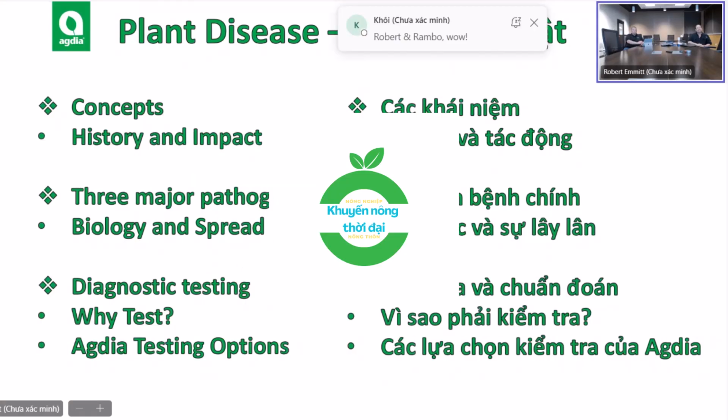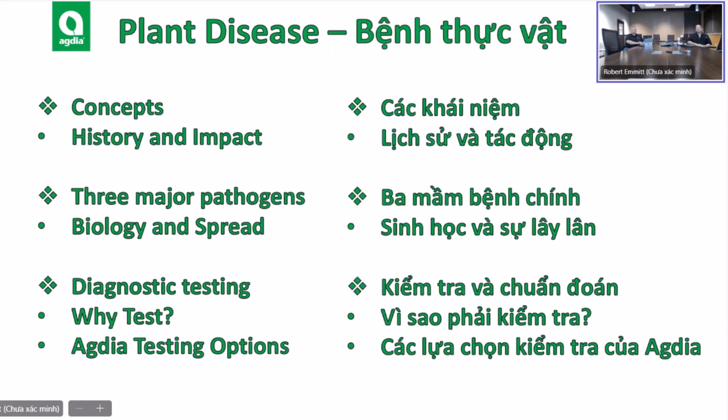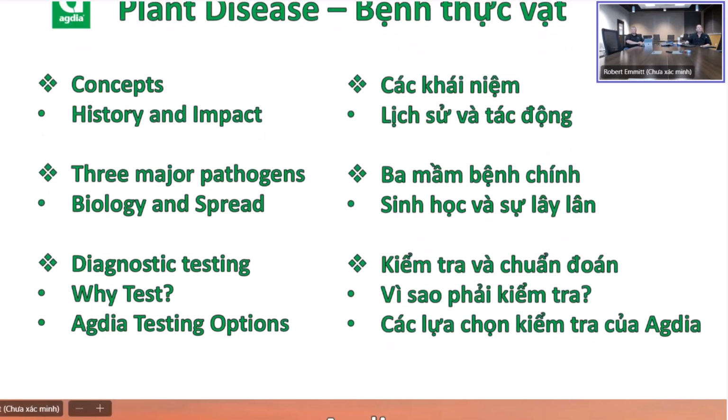So talk a little bit about concepts, some of the history, the impact of plant disease. Then we're going to talk about the three major pathogens, and then diagnostic testing options. So why do you test, and what products do we have available for you to use for testing?